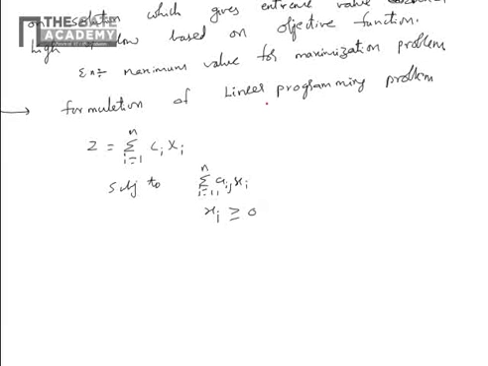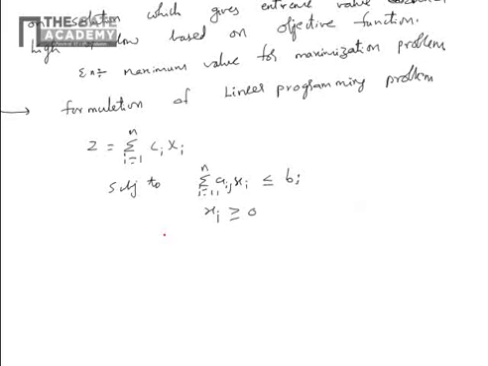The constraints aij xj may be less than or equal to or greater than or equal to, anything is possible. Generally we take less than or equal to.